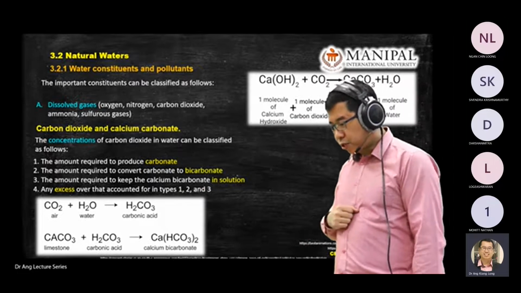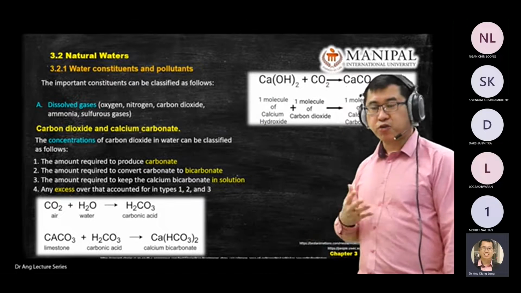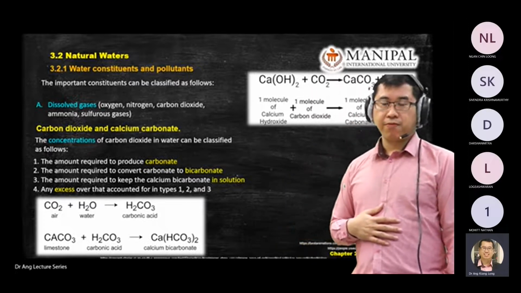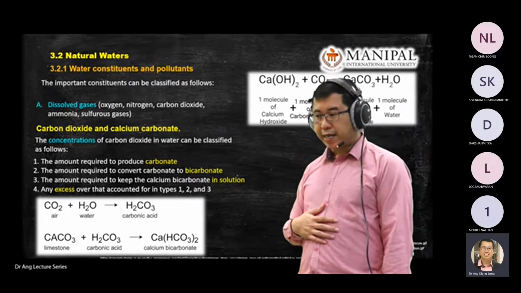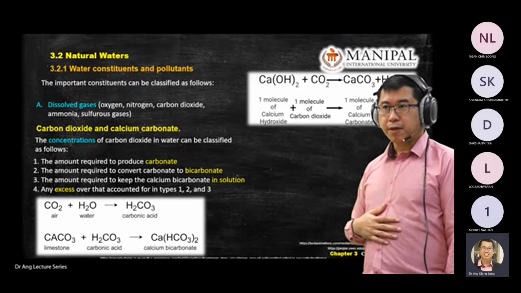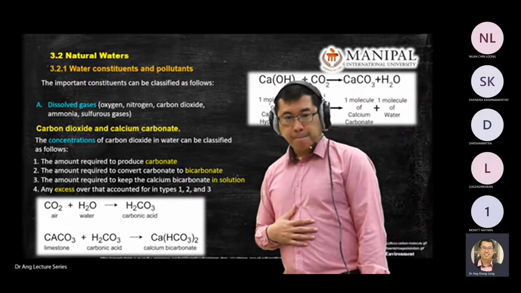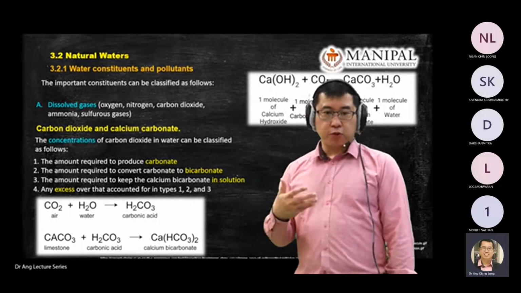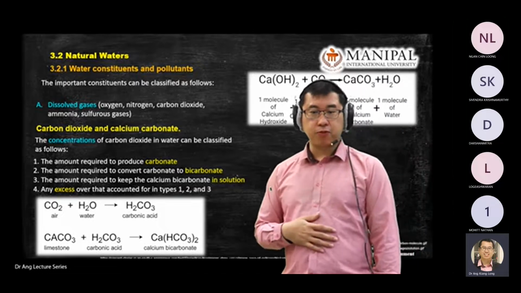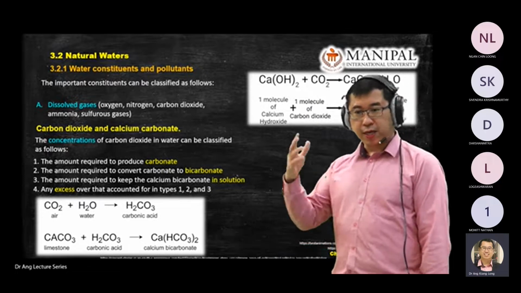I'll give you an example of a question that might come out. I'll give you a scenario where there's a factory having a limestone process industry. The worker found that there is some quantity loss in the factory. When they produce the end products from the limestone, they use water for the equipment, so they use natural water.